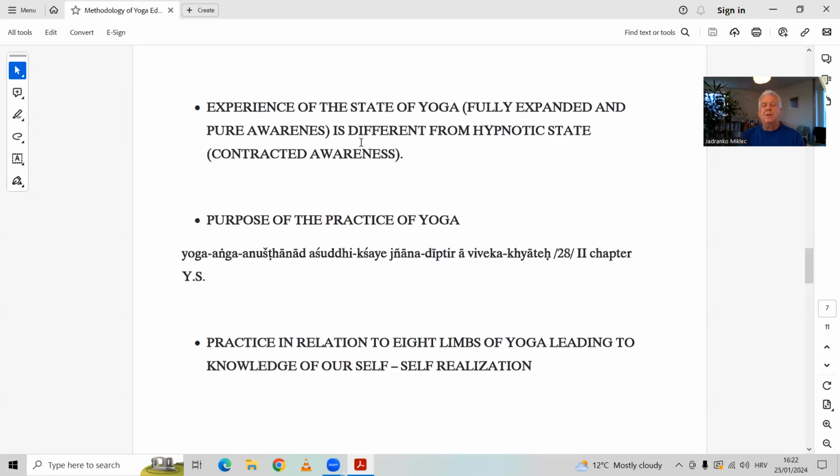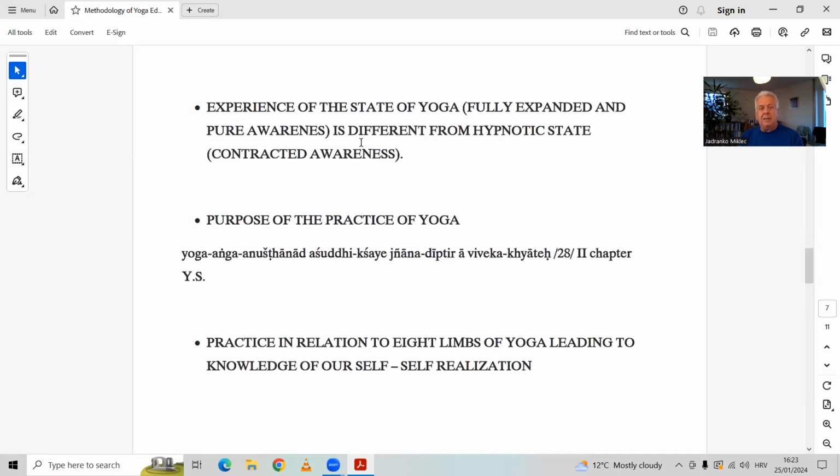And there is a difference between the hypnotic state and the state of yoga. In the state of yoga, through the proper practice of yoga, you are reaching the state where your consciousness is fully awake, free from any content or the vrittis, and fully awake and conscious of itself, knowing itself.